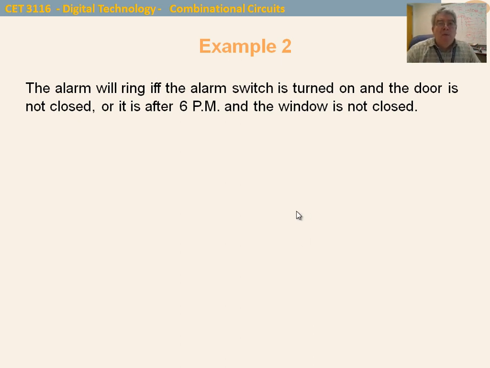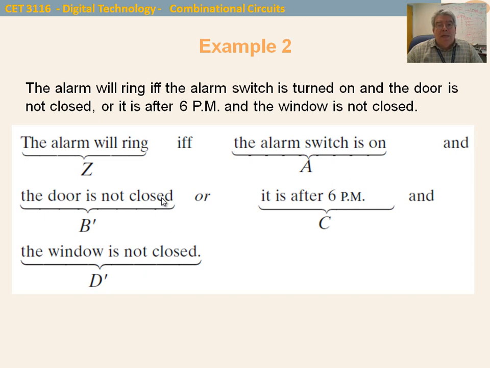We have a door and a window, but also a condition that we impose: after 6 p.m. I'm closing the door, and I expect that to be closed. Probably because the person is going to sleep and then shuts the door, the windows, and then turns on the alarm, right?